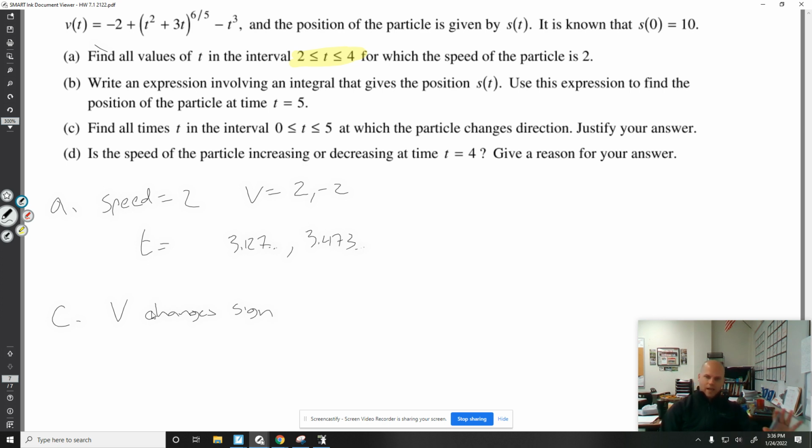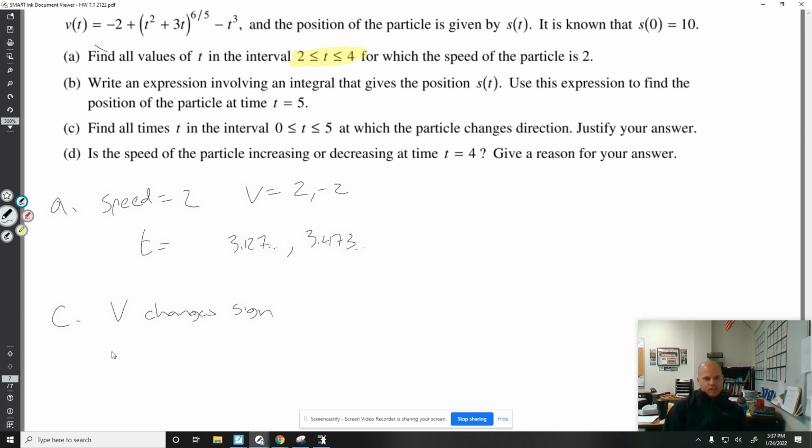Velocity changes sign counts. We know in the background when velocity changes sign, position will change from increasing to decreasing or decreasing to increasing. That'll be maxes and mins of position. That'll be when we'll change direction.